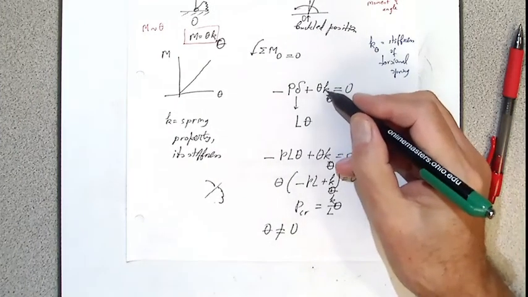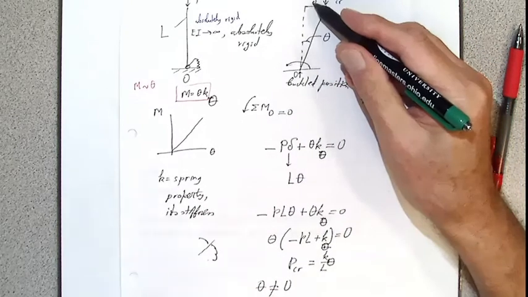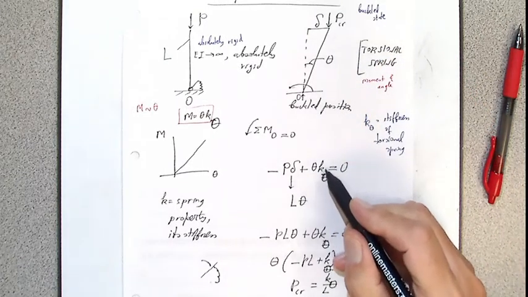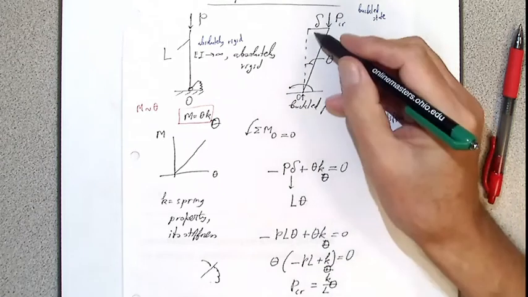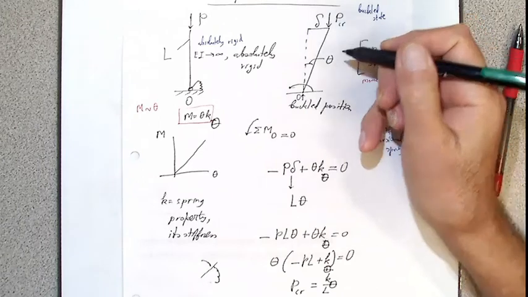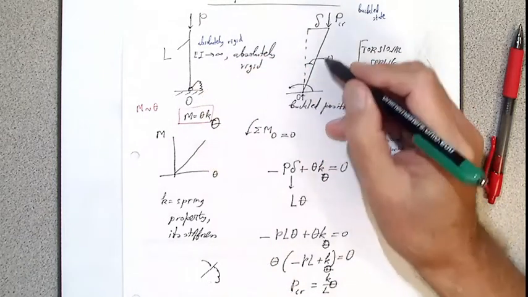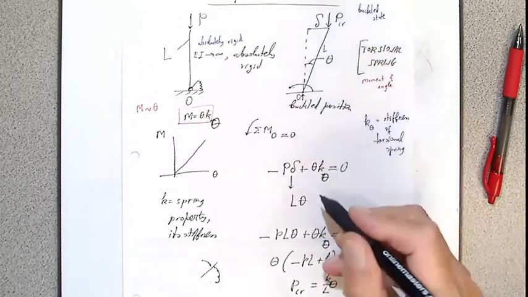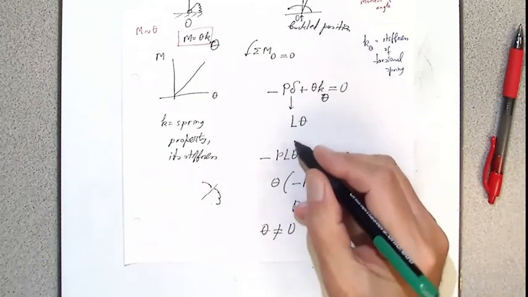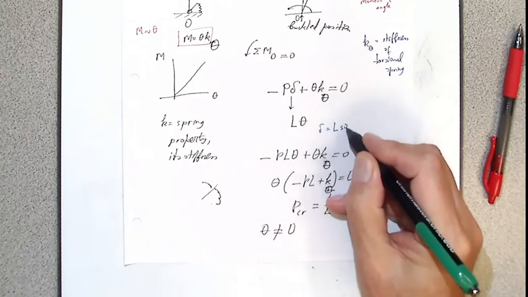So this torsional stiffness we know, so minus P times delta, and then plus theta times K theta. Now how much is delta? Okay? So naturally, delta equals L times sine theta, where L is length.